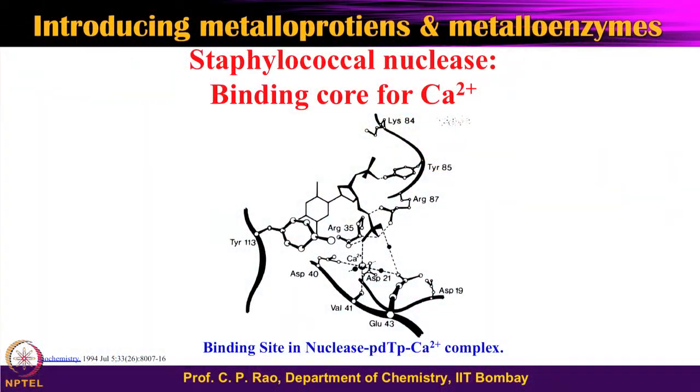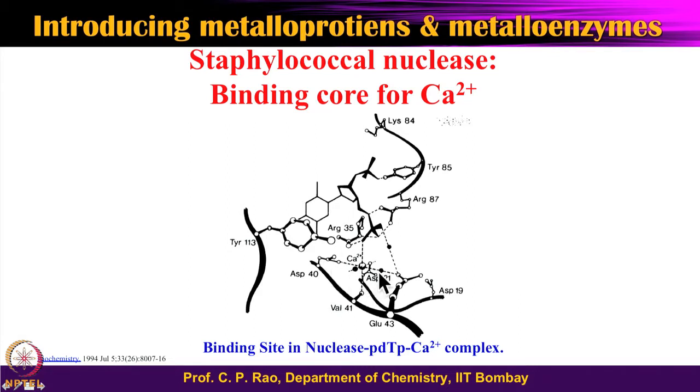Now, look a little bit more at one more enzyme, a calcium containing enzyme. This enzyme is a Staphylococcal nuclease, and this is a calcium. Calcium is at the active site or catalytic site. Now, if you look at that, the calcium is bound to the protein in this.